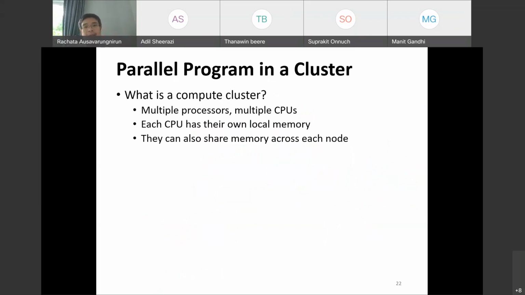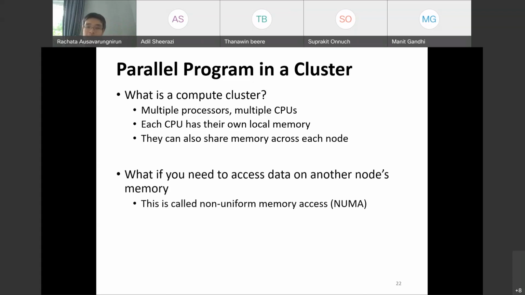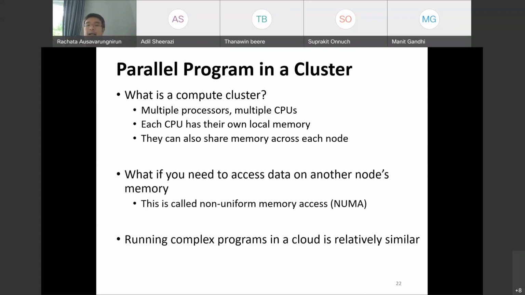Each of the CPUs has its own local memory, so they can share the memory across the nodes in the cluster. If you want to access data on another node, this is called non-uniform memory access, or NUMA, right?